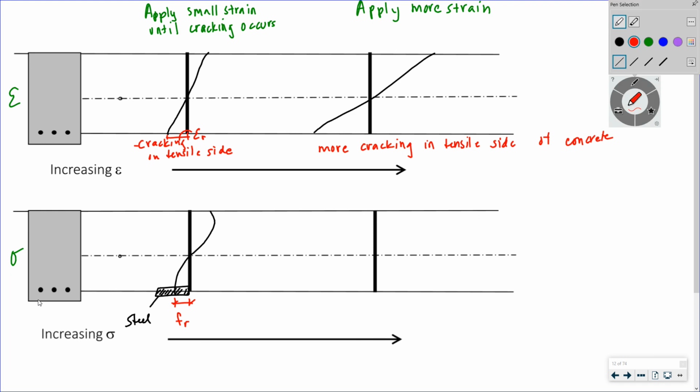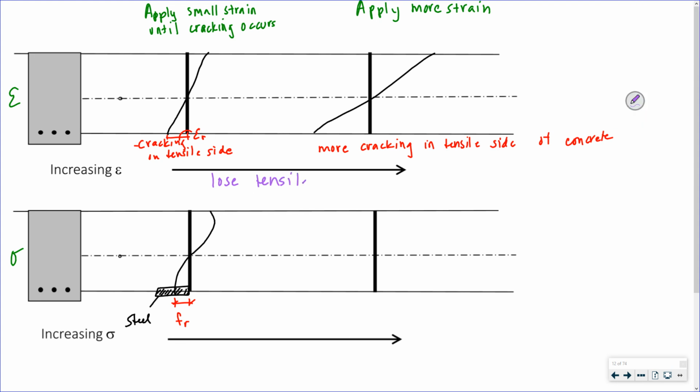Once it cracks, I'm going to lose tensile strength. As I'm increasing my strain, I'm going to lose tensile strength in concrete.